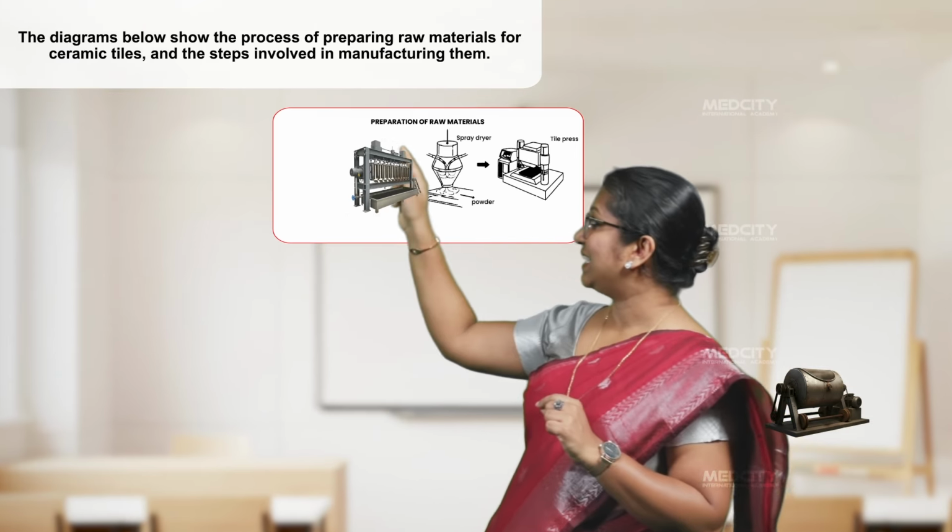Now this powder that we have here, let's move it aside and take the fourth machine. This is a tile press. Now this powder is placed into the tile press, and pressure is applied, and the powder is pressed to form the tile in the required shape.